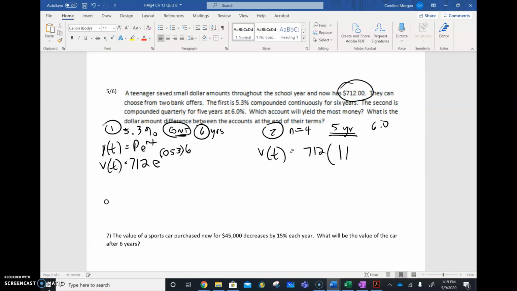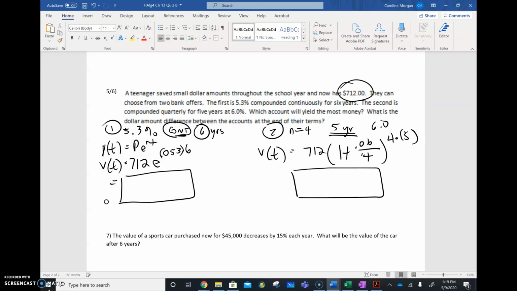So 712 times (1 plus 0.06 over 4) to the n times t, 5 years. So your job is to calculate the amount here, and then subtract. Okay, if I can get this before the video runs out.